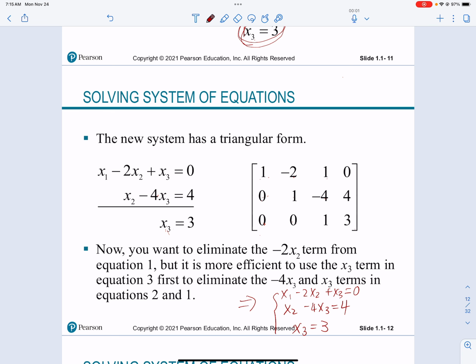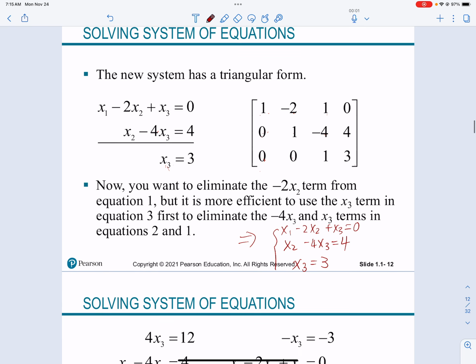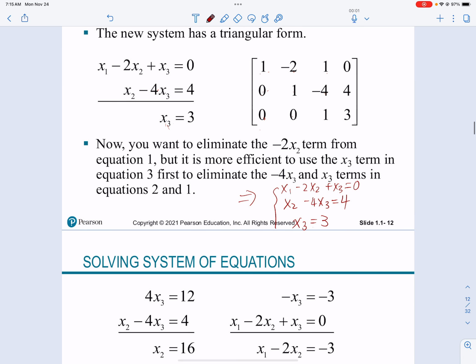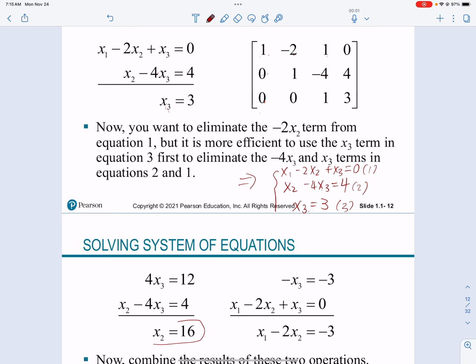Now, in linear algebra, what do we need to do to solve for x2 and x1? Do you guys remember? We wanted to substitute. Yeah, so substitute what? Substitute x3 equal to 3 into equation 2, and you get your x2. And then substitute x2 and x3 into equation 1, you get your x1.